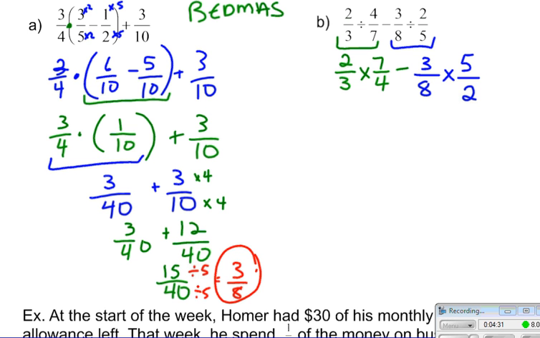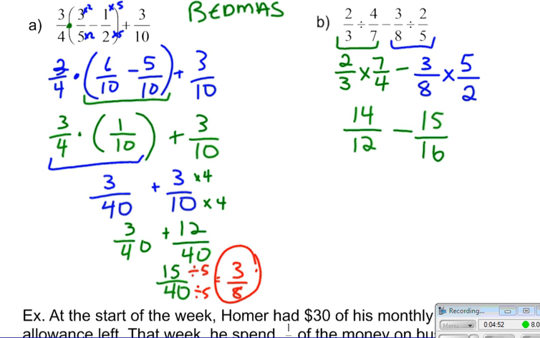So again, numerators times numerators, denominators times denominators, we get 14/12, take away 15/16.